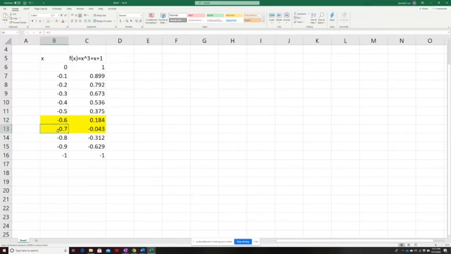This is telling me that if I plug in negative 0.7, we get a negative number for y, and if we plug in negative 0.6, we get a positive number for y. So what does that mean? It means that the function is changing sign on this interval between negative 0.7 and negative 0.6. Do you understand this?